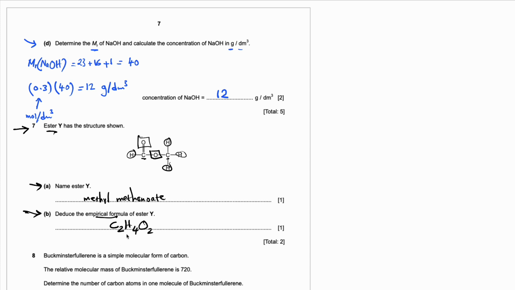If you find the highest common factor between them, which is 2, and you divide each by this number, the simplest ratio is going to be C1H2O1. That one is the empirical formula, which is the simplest whole number ratio.